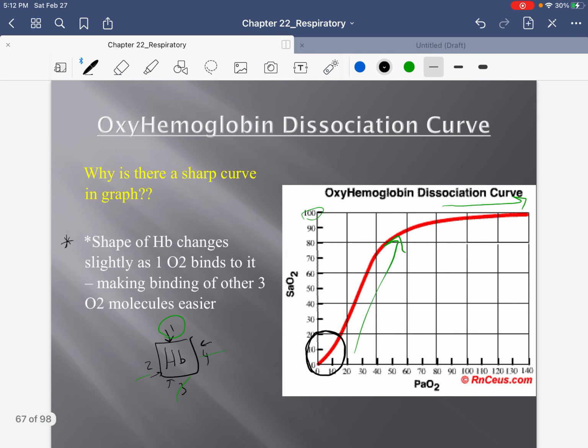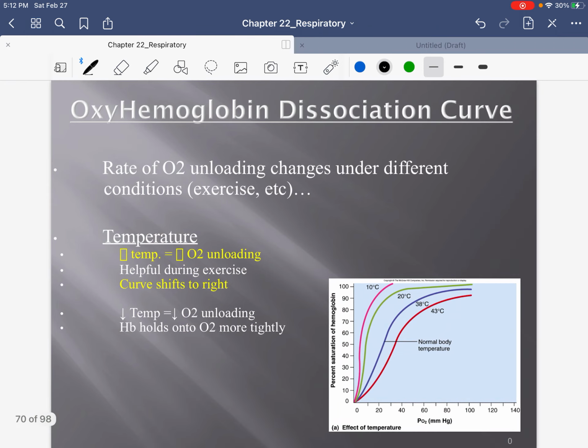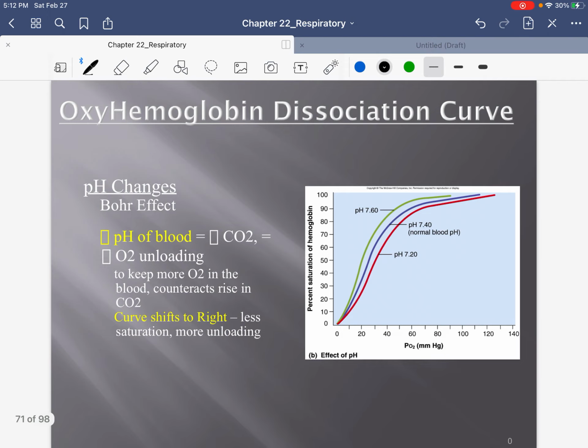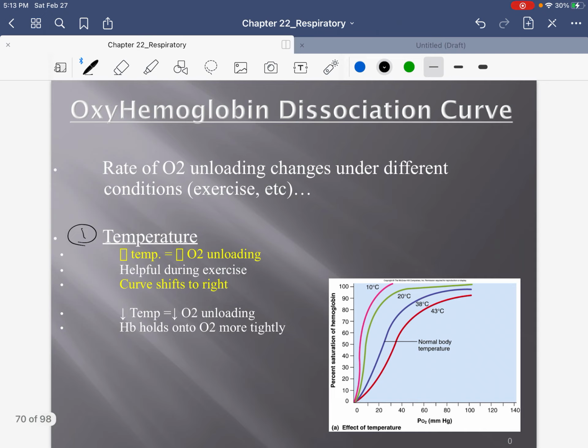Okay, so I want to talk about two examples of how this curve will change. One of them is temperature, and one of them is pH. Bear with me. Let's give an instance where we have an increase in core temperature. So look at the blue line. The blue line is our normal oxyhemoglobin dissociation curve. Blue is normal.